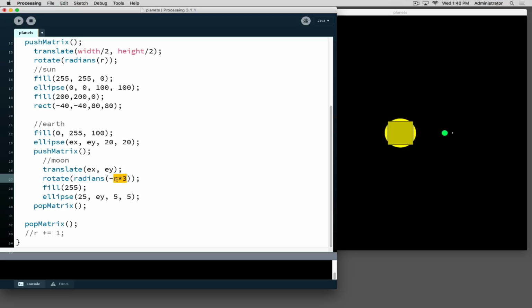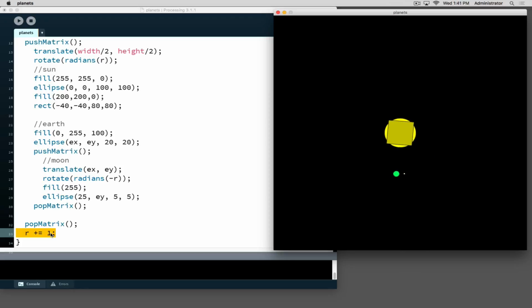If it was just simply negative r, we can see how it rotates, but we don't really get the feeling that it's rotating around the planet as well. So this technique of using the matrix and using translate allows us to have more control over drawing our objects on screen.